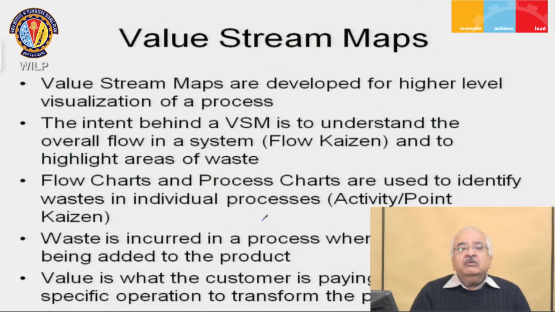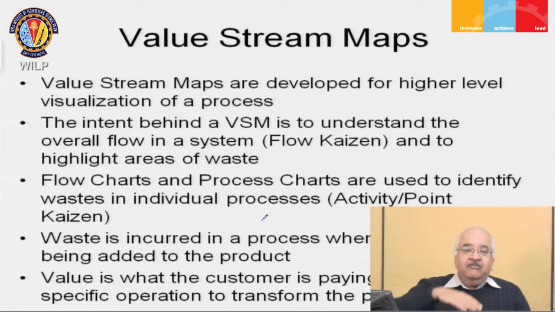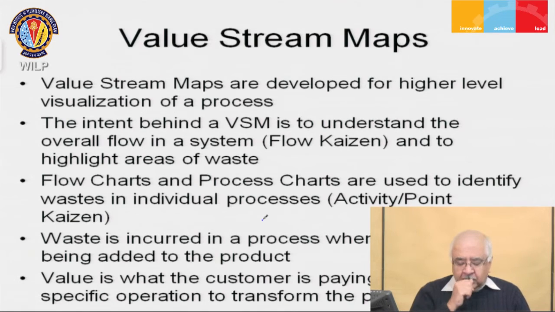But what we are talking about over here when we talk about flow Kaizen is our intent to try and improve the basic flow in the system as a whole, and we do this by highlighting very high level areas of waste.